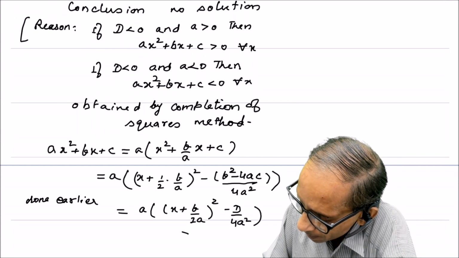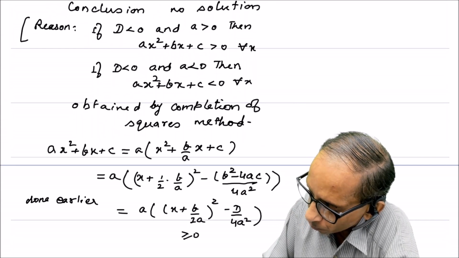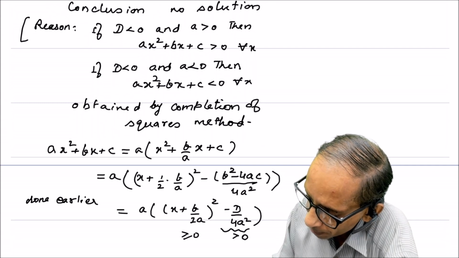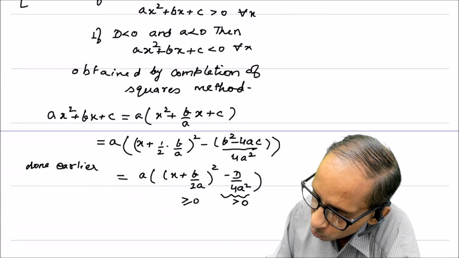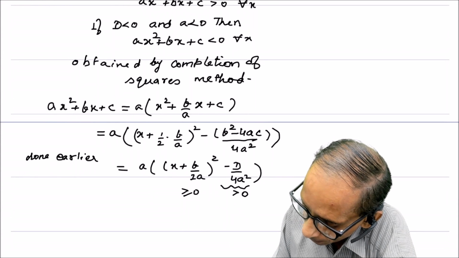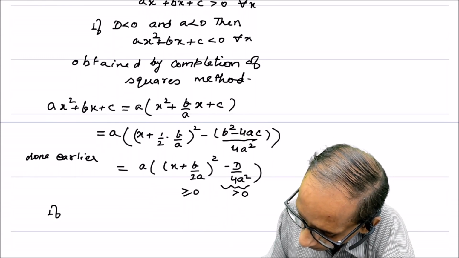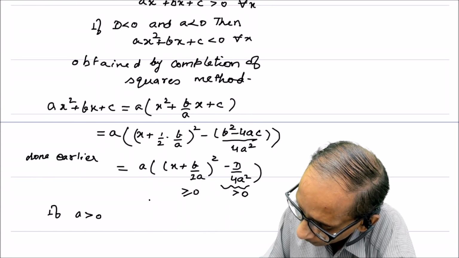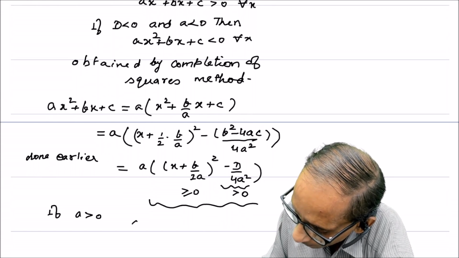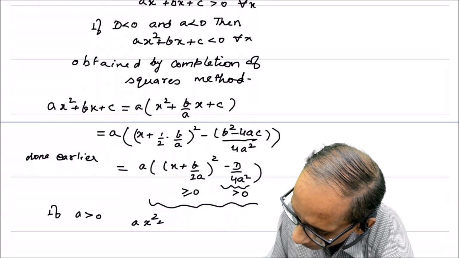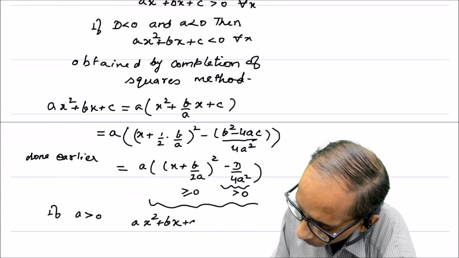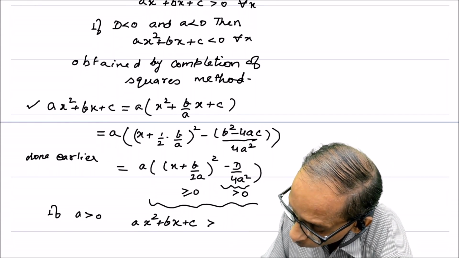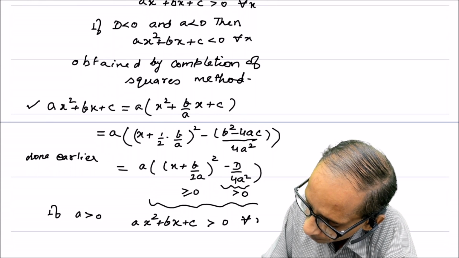We find that this is greater than or equal to 0, and this block is perfectly positive because D is less than 0. So when D is negative, if a is positive, then this whole thing, which is actually this particular expression, turns out to be positive for all x.